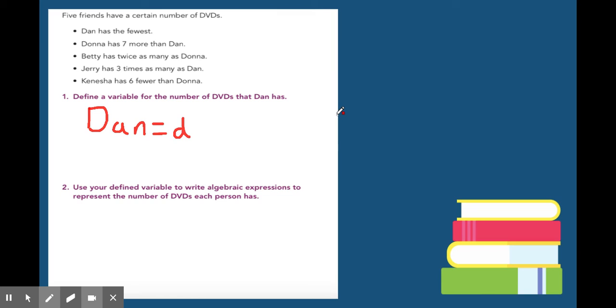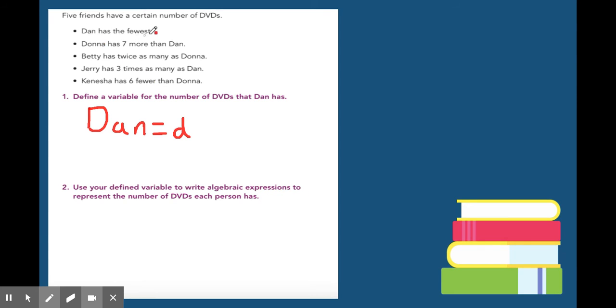So whenever we refer to Dan in our expressions here, we're going to use D for Dan. Okay? That's all we have to do for the first part. Now, use your defined variable to write algebraic expressions to represent the number of DVDs each person has.